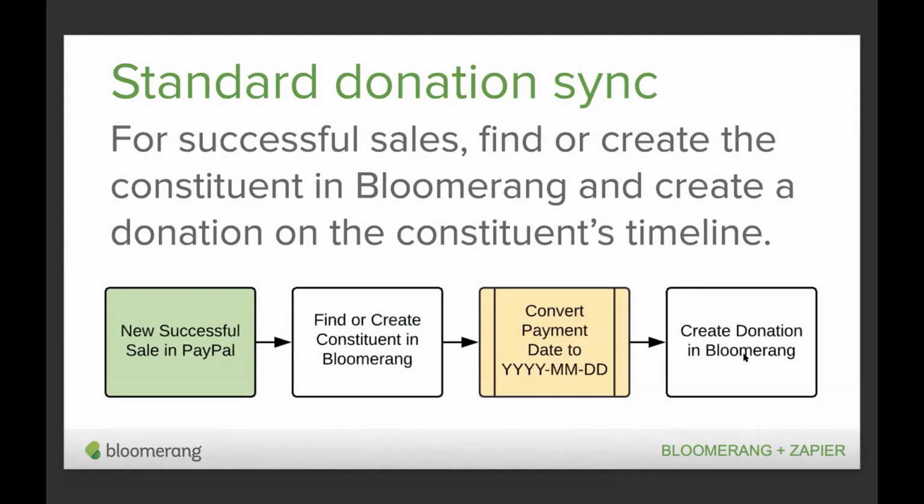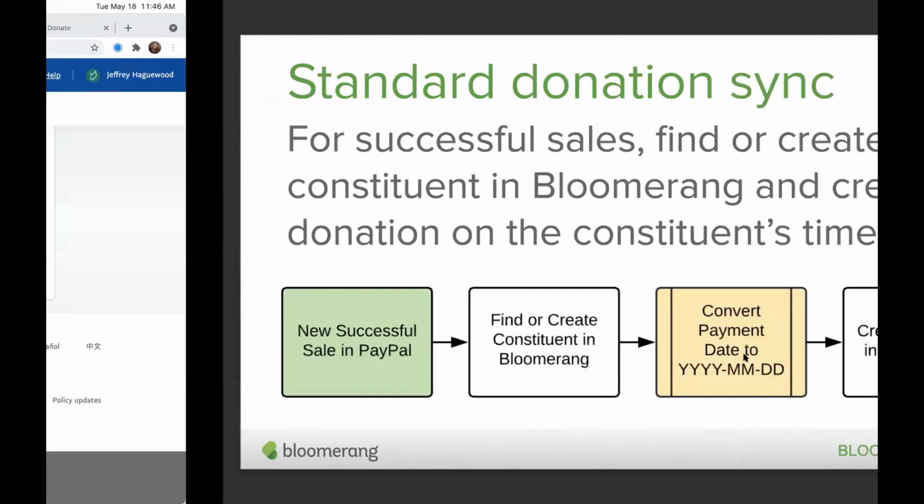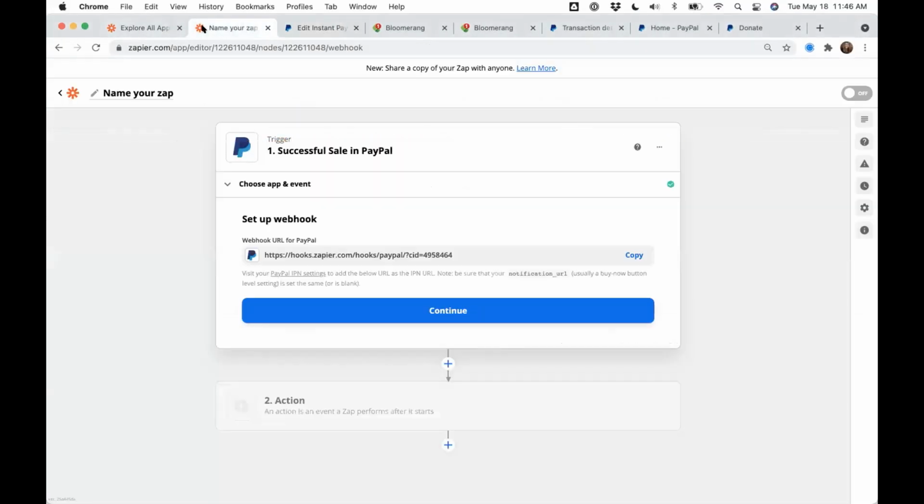So let's hop into Zapier and actually walk through how we would set up this workflow. I'm going to go back to Zapier here, and I'm going to close out of a couple of tabs. Okay, so I'm going to go back to that Zap that I had started where we pulled in the webhook URL that we would put into our instant payment notification. And I'm going to name my Zap.